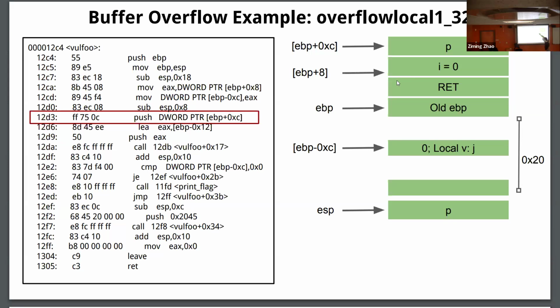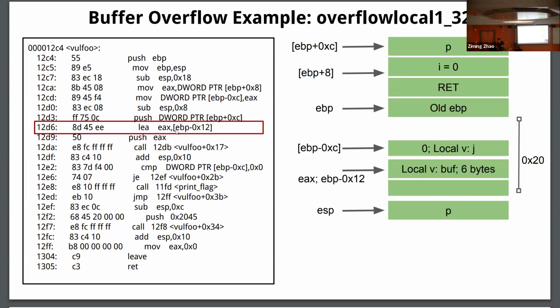So how do we get the address of that? Two instructions to do that. The first one is load effective address, EBP minus 12 to EAX. Then we push EAX, which means the address is actually EBP minus 12 in hex, which is EBP minus 18 in decimal.